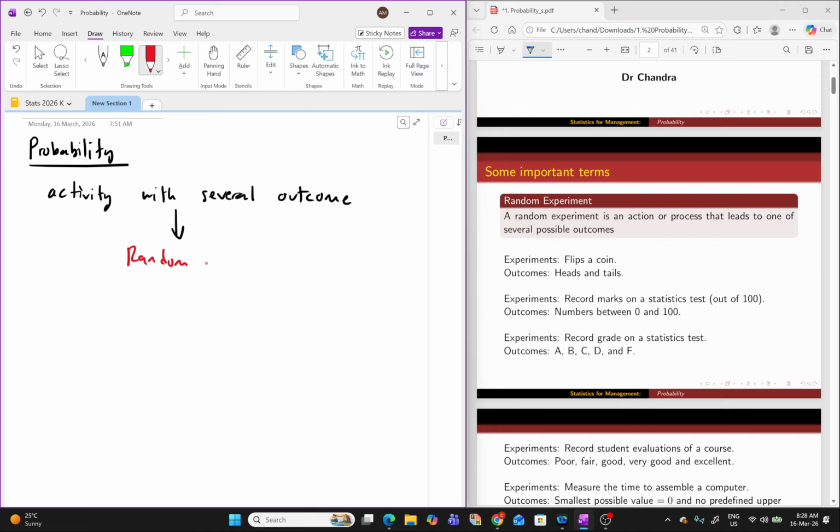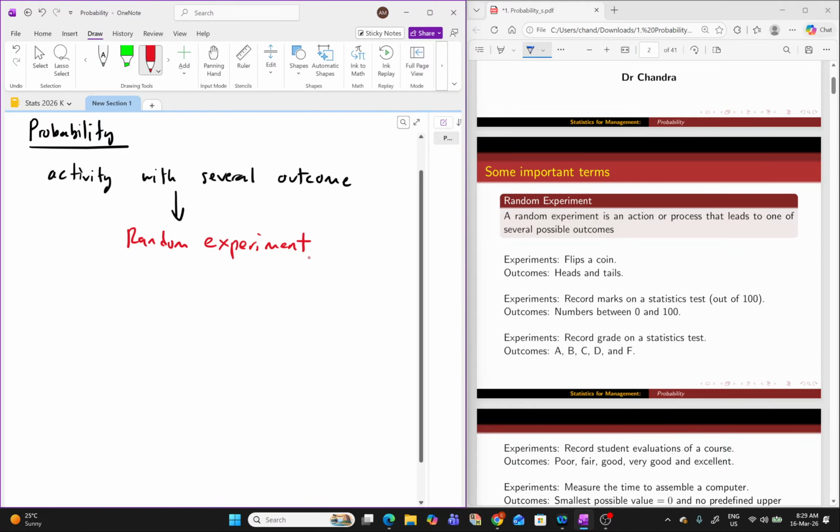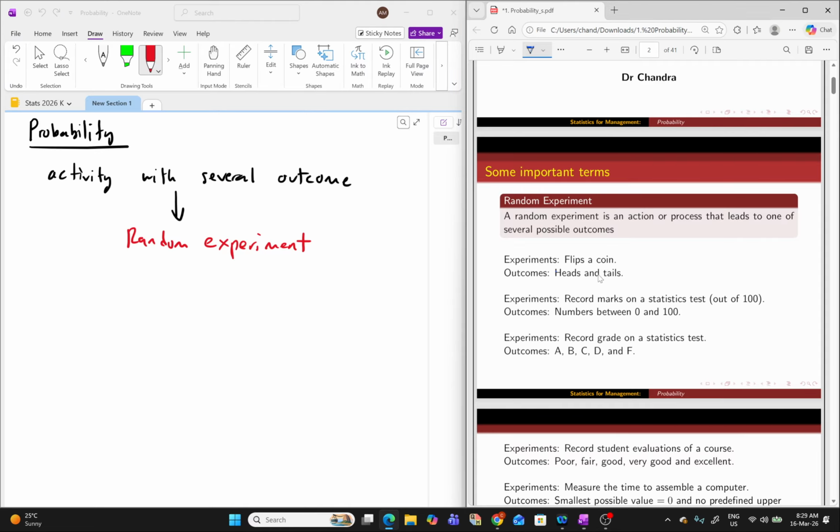All my notes, everything I will share with you. If you want to jot down something, you can, but all will be provided, including the session, which is recorded. Later I'll share the recorded video with you. For example, an activity of a random experiment is flipping a coin. When you flip a coin, you get head and tails. If your outcome is only one, that is not a random experiment.